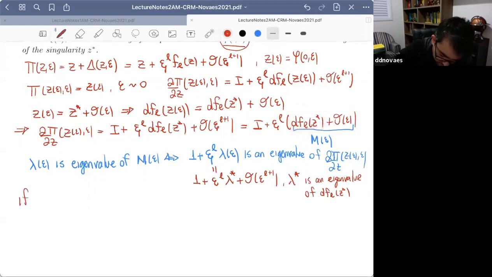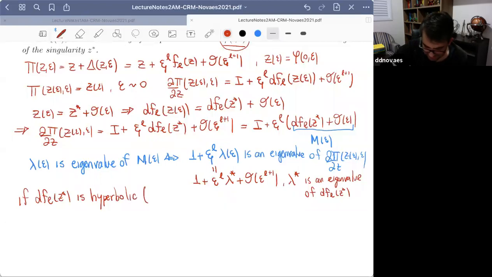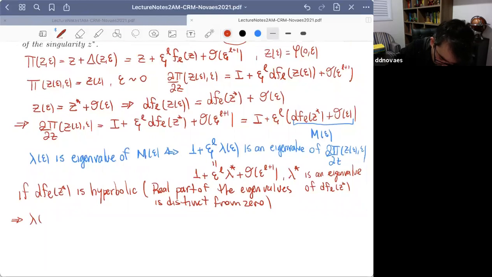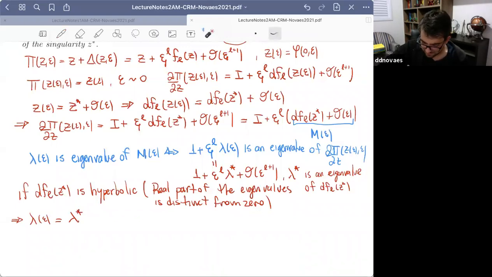Okay, so if DFL Z star is hyperbolic, and by this I mean that the real part of the eigenvalues is distinct from 0, then lambda epsilon, recall lambda epsilon is an eigenvalue of M epsilon, writes as an eigenvalue of this matrix plus high order terms in epsilon.